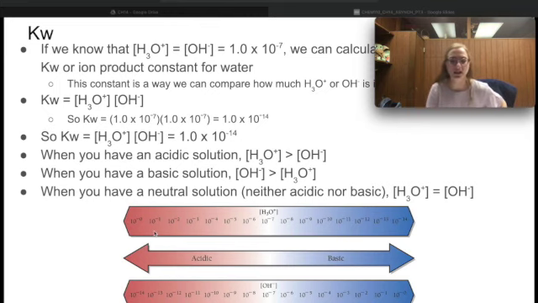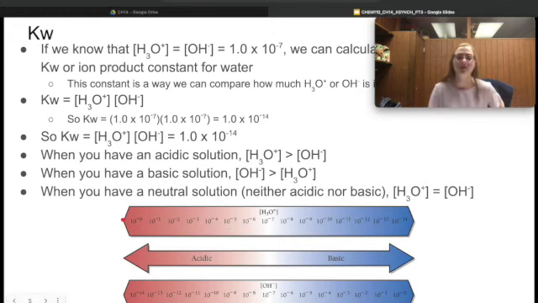So as I increase how acidic something is, that means it's getting less basic, and if I increase how basic something is, it's getting much less acidic. So as I increase H3O+, I'm decreasing my concentration of OH-. As I'm increasing my concentration of OH-, I'm decreasing my concentration of H3O+, and that is reflected here in our Kw equation.